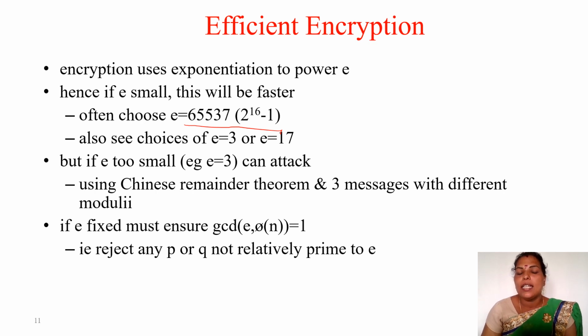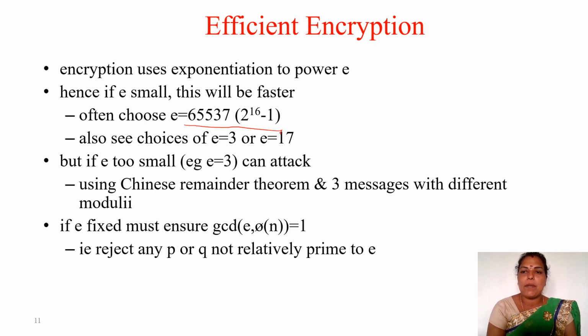If E is fixed, we must ensure that GCD of E and phi of n equals 1, and we reject any P or Q for which phi of n is not relatively prime to E. So we always have to check whether phi of n and E are relatively prime, that is, GCD of E and phi of n equal to 1.